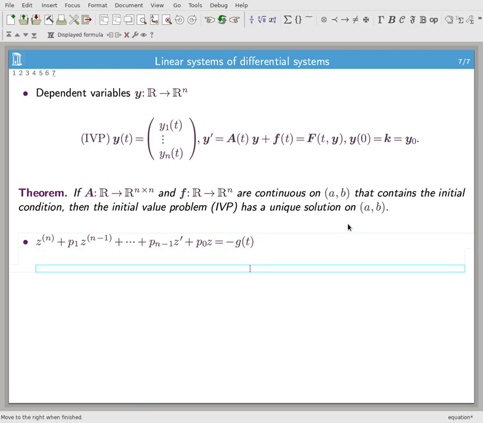All we have to do is introduce notation, and the notation that we would introduce is of the following nature.